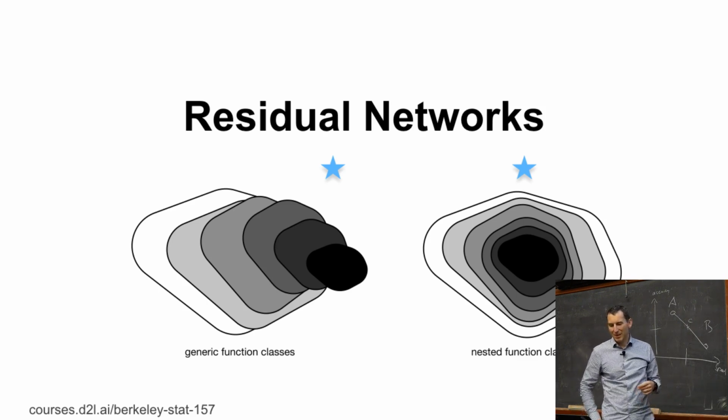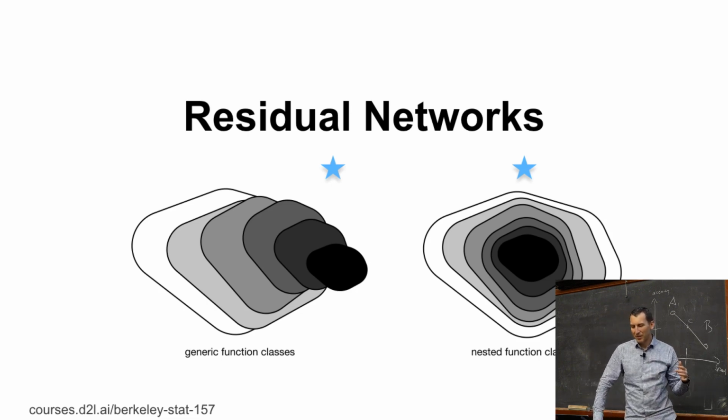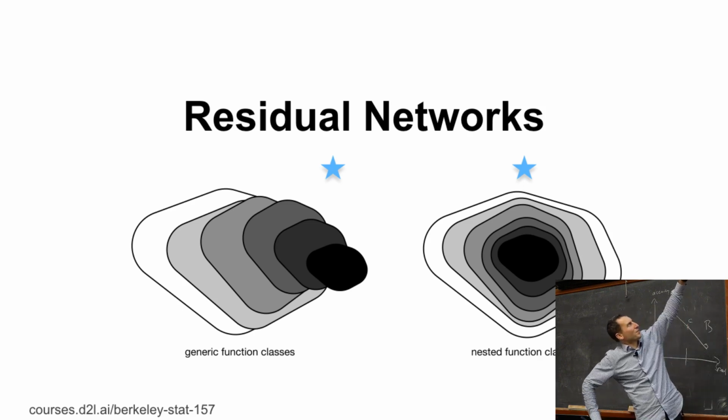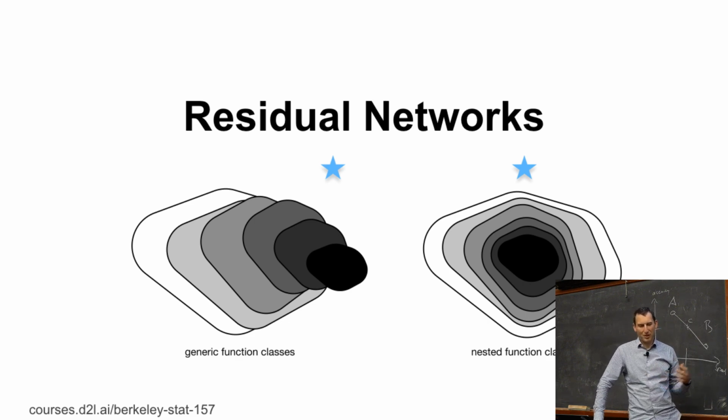As you start adding layers and layers, you're going to get closer and closer to that blue star. And once you've reached about that third network, from the dark black to the darker gray, you get kind of closest to that blue star. And then, as you start increasing the function class further, you start moving away again.